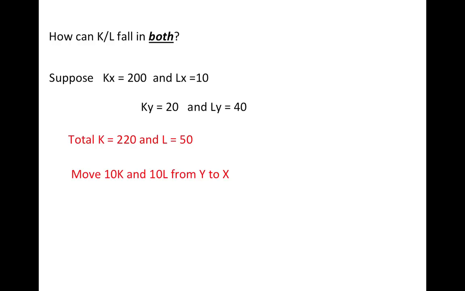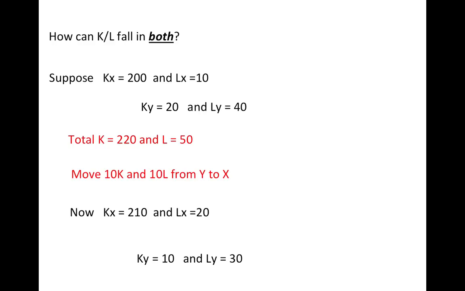You're getting rid of labor, you're getting rid of capital, and you move it to X. So now we'll have 210 units of capital in the X industry, 20 units of labor. That's adding the 10 units of each. Capital in Y is 10 units. Labor is 30 units. Again, we're subtracting 10 units each of capital and labor from Y, moving it into X.